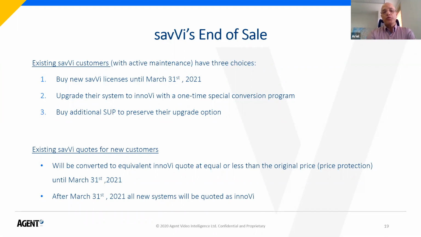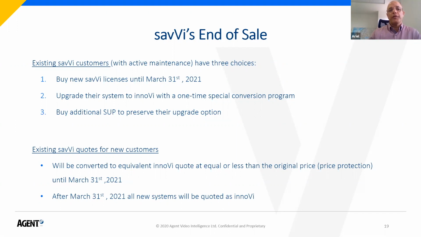And the third option, especially for those customers that know that they want to migrate from SAVI to innoVi, but they are unable to get a decision or budget in the near term, is to buy the additional software upgrade plan, SOUP, for their existing SAVI system in order to preserve your upgrade options in the future, okay?